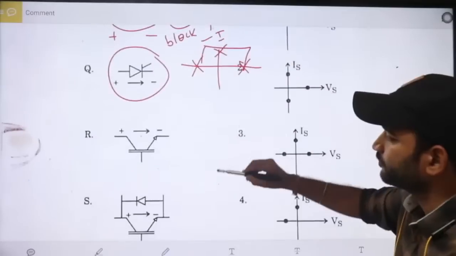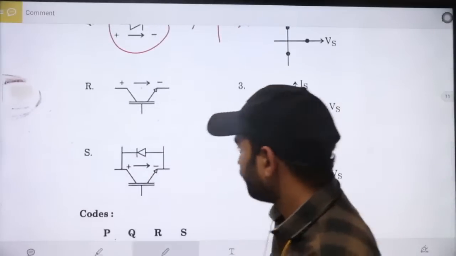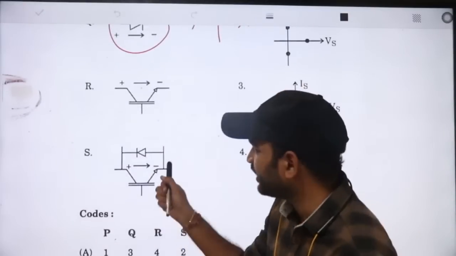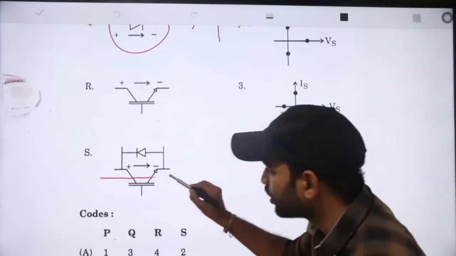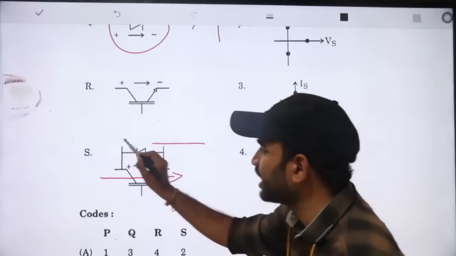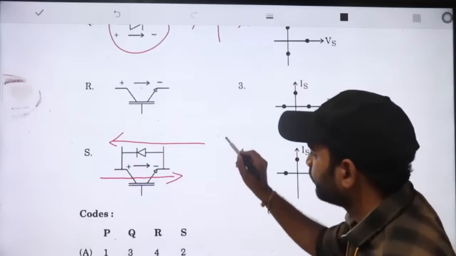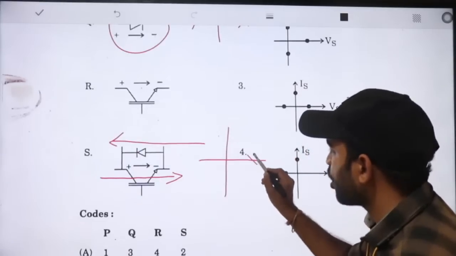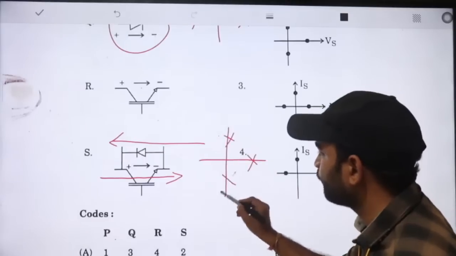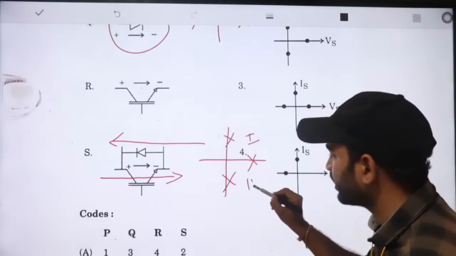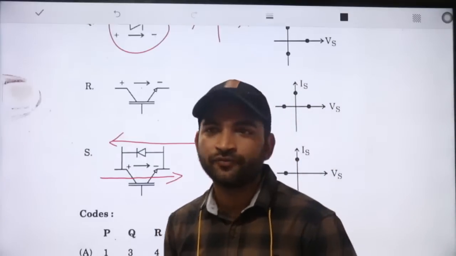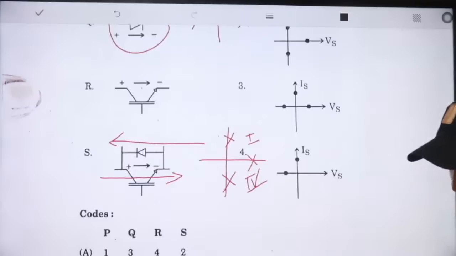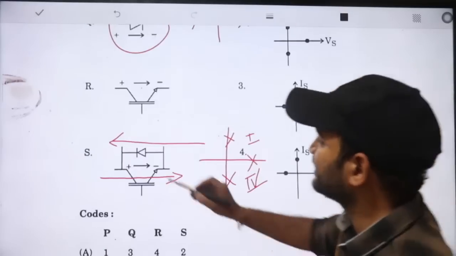Next one, for the BJT circuit, if you connect a diode in parallel to it, it allows the positive current and the negative current, which means the operation of the device is in the first and fourth quadrant. Try to check the answer. The answer for the 28th question is C.